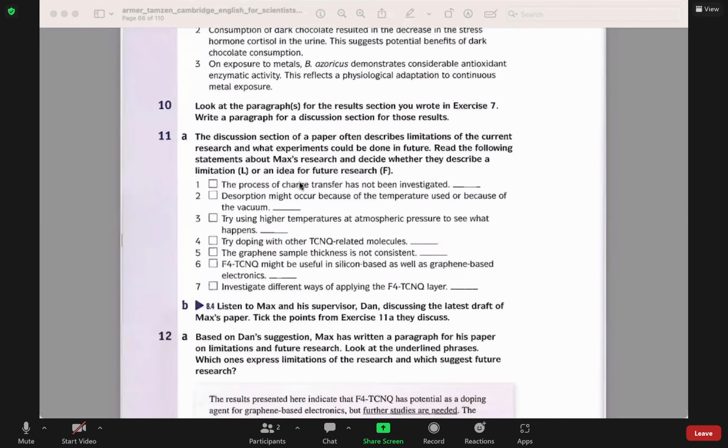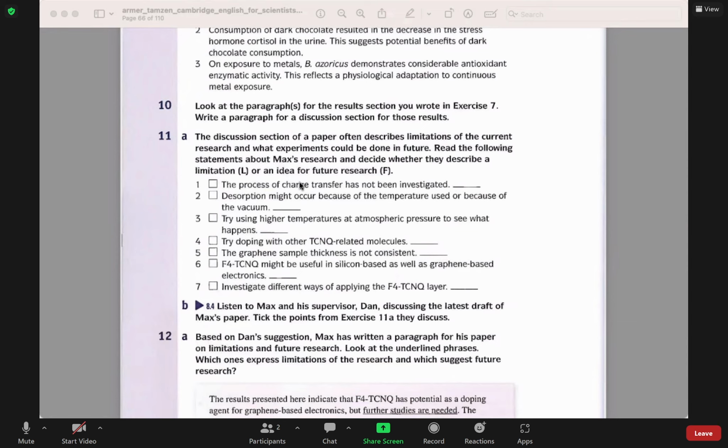The discussion section of the paper covers the limitations, like by doing some experiment, we can do some things, and some things are limited for us. And it might include ideas for further research, because in one research it's impossible to explain, to discover everything that might appear during the work.